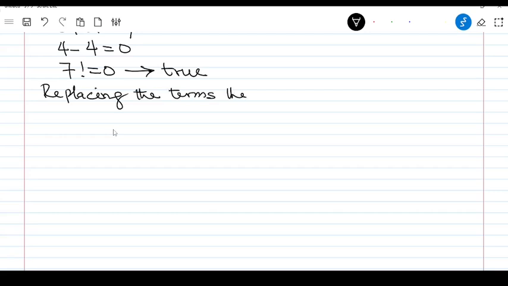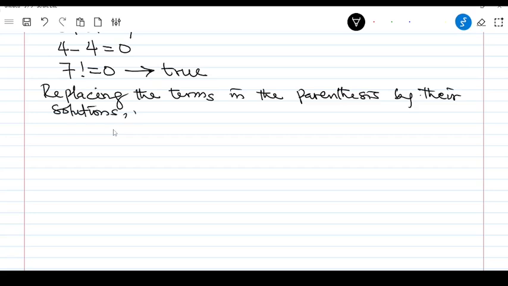Replacing the terms in the parentheses by their solutions.